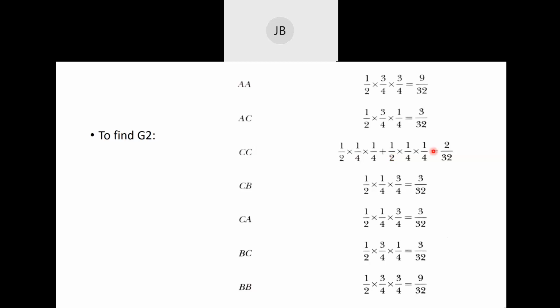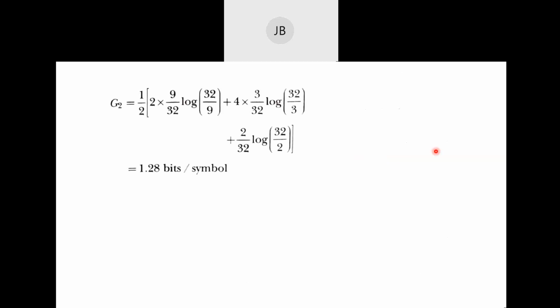So that's why we have these values here. With the help of these values, we can find out G2. G2 is equal to 1 by n, where n is 2 here, times the probability values of those symbols that we saw in the previous slide. That gives us the G2 value.